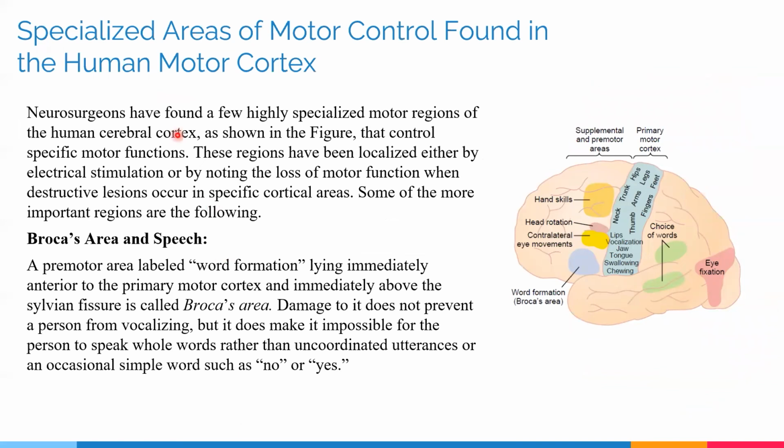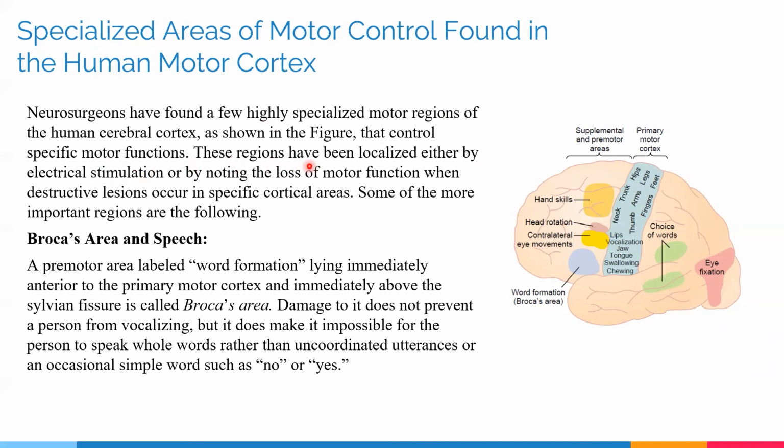Next, we look into specialized areas of motor control found in the human motor cortex. Neurosurgeons have found a few highly specialized motor regions of the human cerebral cortex, as shown in the figure here, that control specific motor functions.